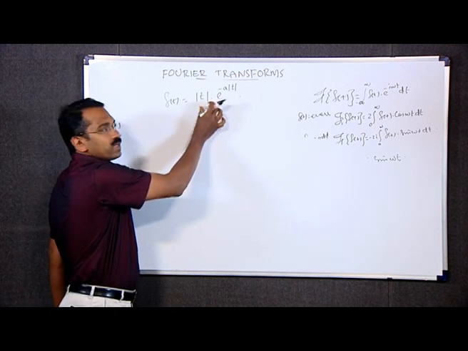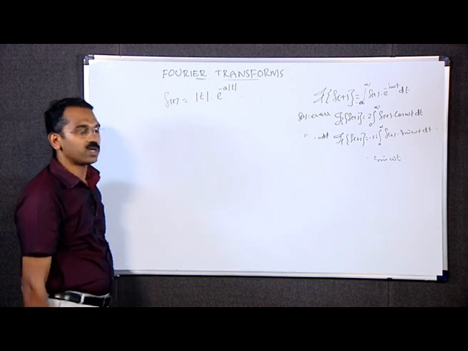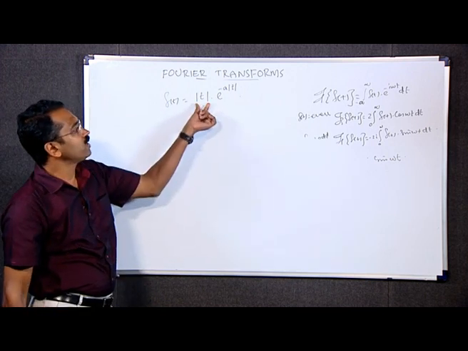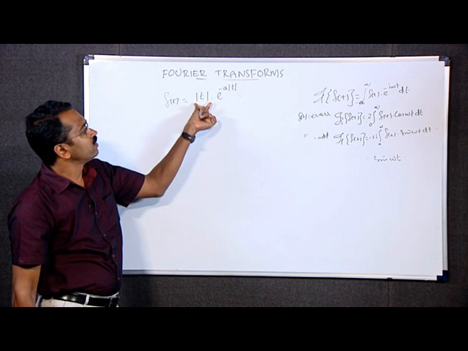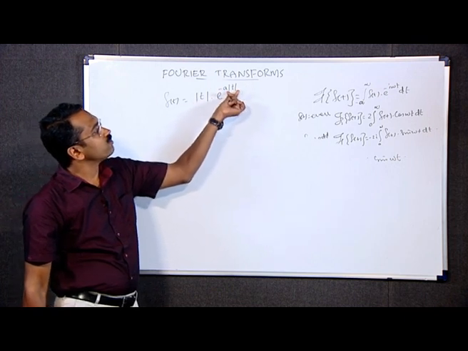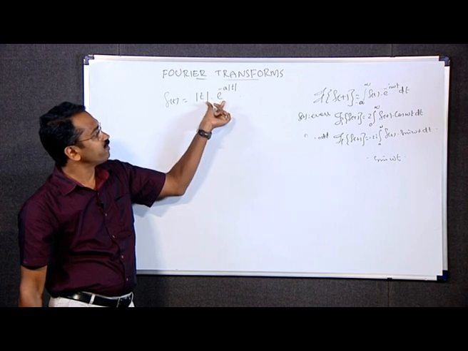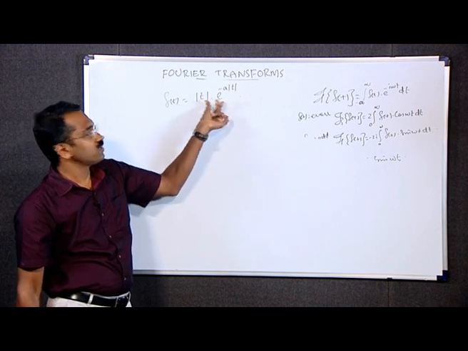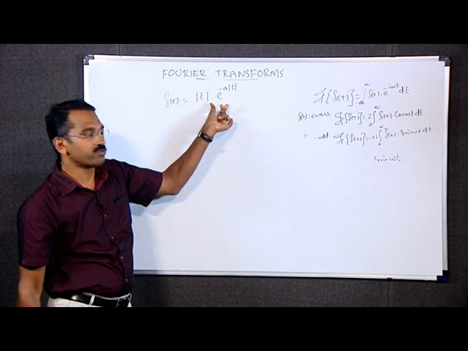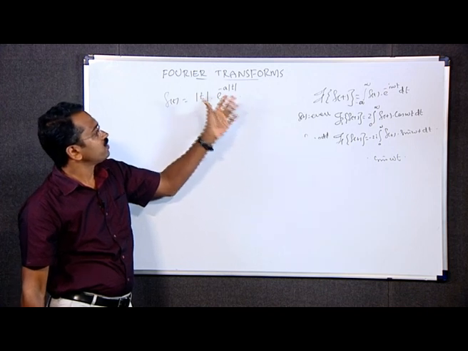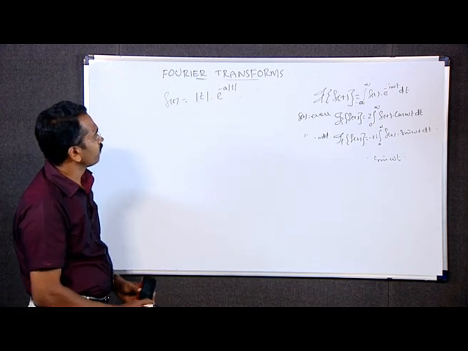Clearly, this is an even function because mod t is even. Here also mod t, therefore, these two are even functions, and the given function is a product of two even functions, which is again an even function.